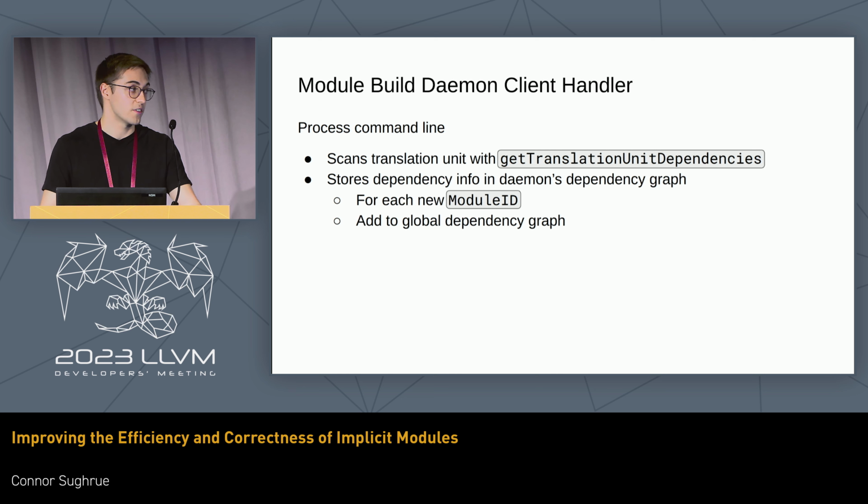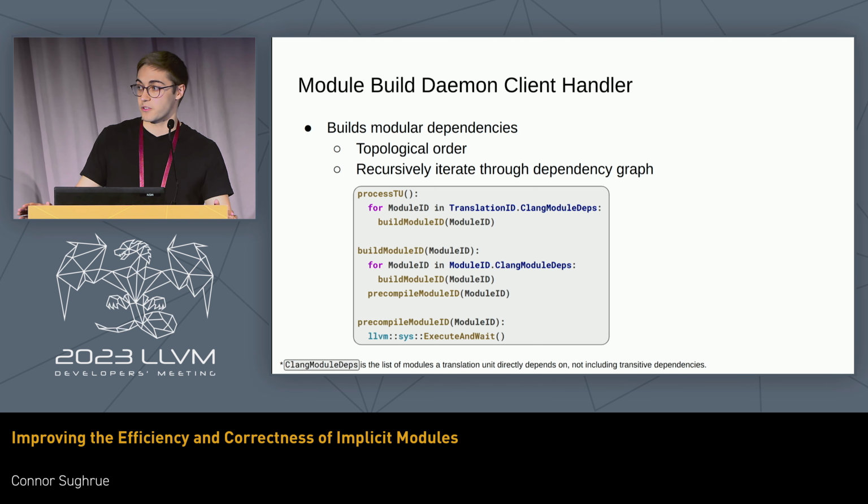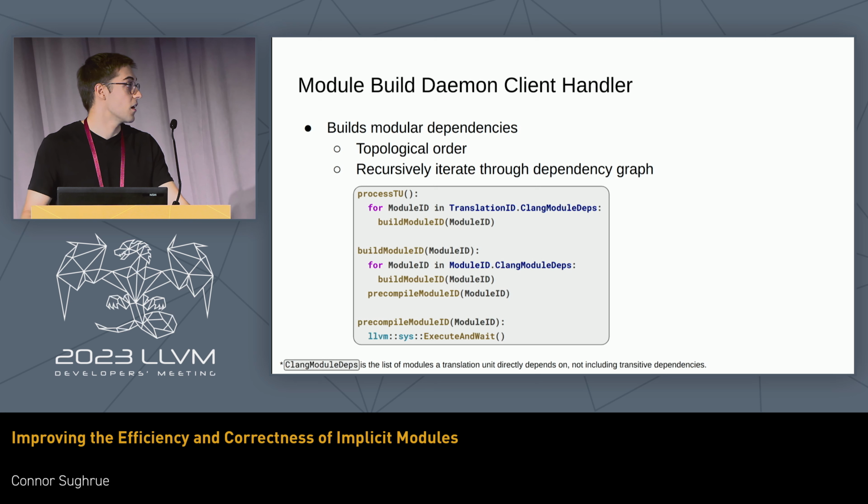This returns a translation unit dep object, which stores all of the direct and transitive dependencies for a translation unit. Then we take that information for each new module ID and store it in the global dependency graph. After the scanning has been completed and all that information has been stored in the dependency graph, that thread becomes available to help build modular dependencies.